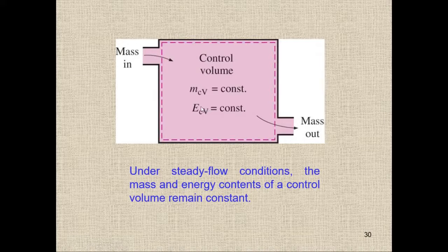So the energy and the mass of the control volume will remain constant. So we have the steady flow process, we have isothermal, isochoric, isobaric, adiabatic processes, and then we have real life processes as well. We will discuss other processes in chapter 4.